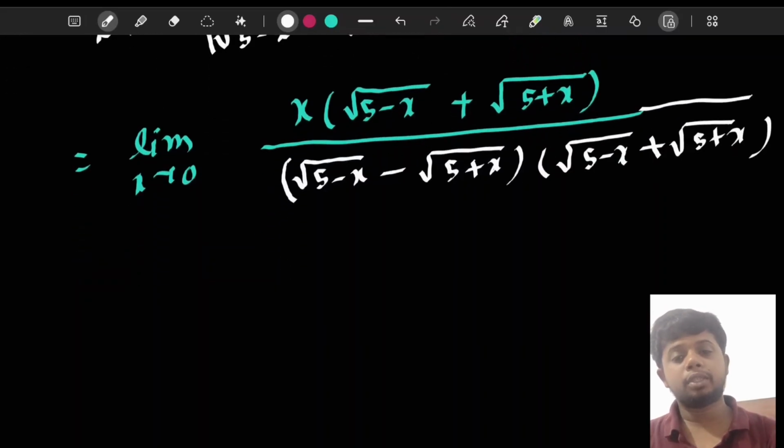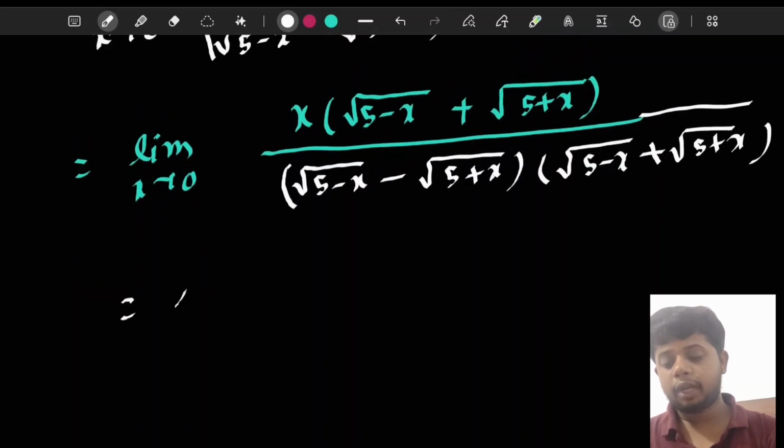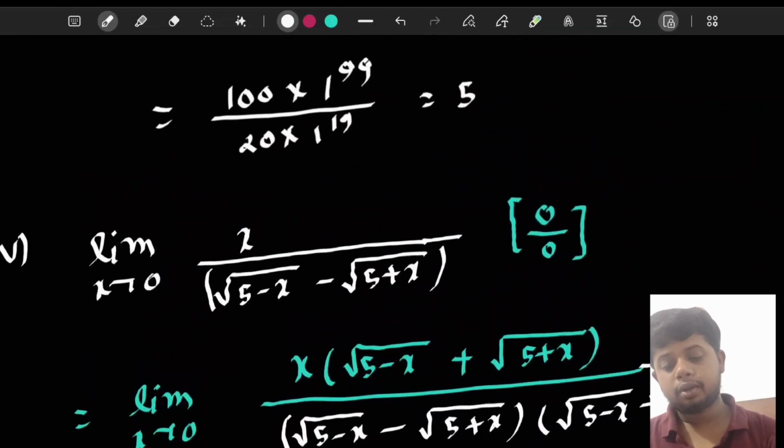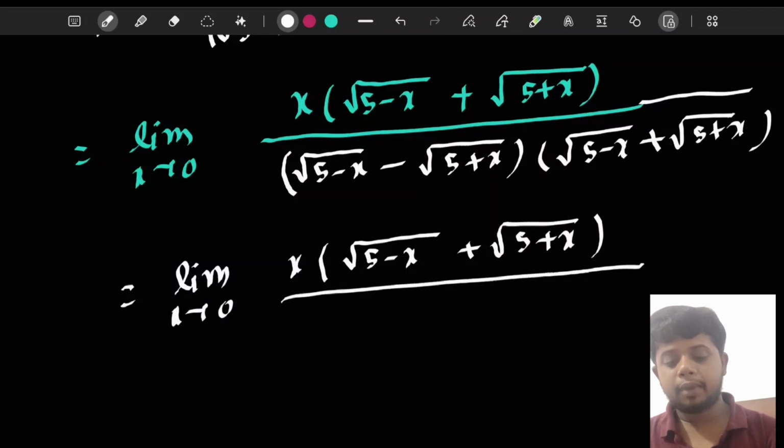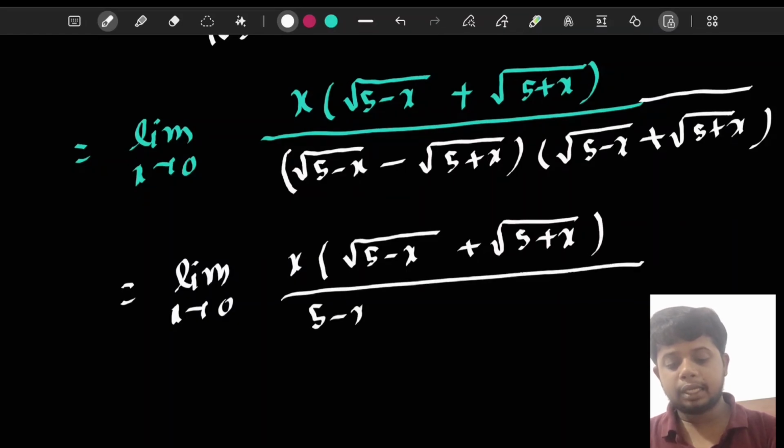Apply the (a plus b)(a minus b) formula. What will we get? Limit x tending to 0, x into under root of 5 minus x plus under root of 5 plus x, and here I am getting 5 minus x minus 5 minus x.